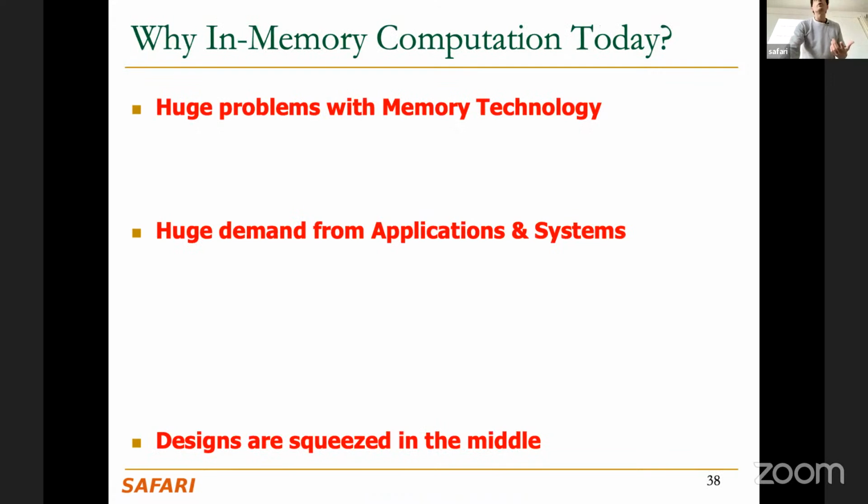But why in-memory computation today, and why not in the past? Why not in the 70s or in the 90s? Because there were important technology challenges that we are now more capable of solving. And also there is a larger need. Why is that? Because over the years, we have seen how memory improved over time, but not as fast as the processors themselves.